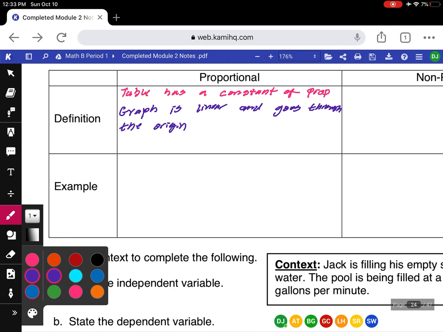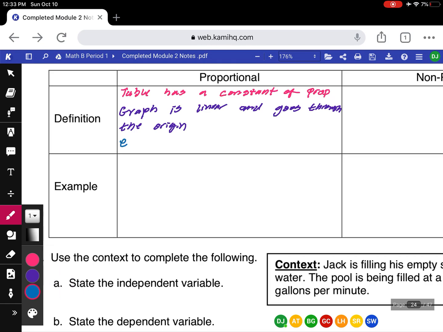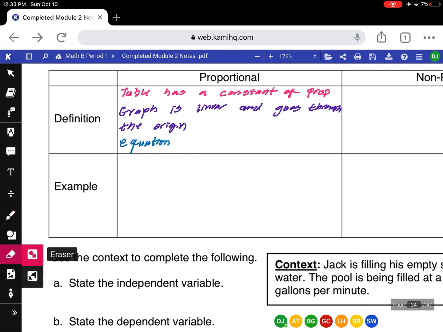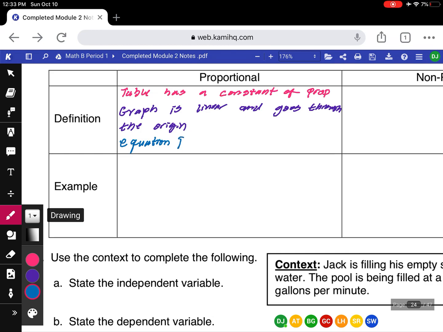And then the last one is the equation only has a variable, it does not have a constant. Equation does not have a constant.